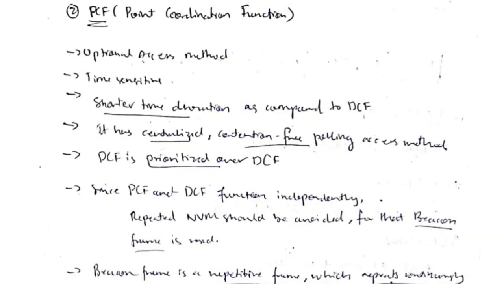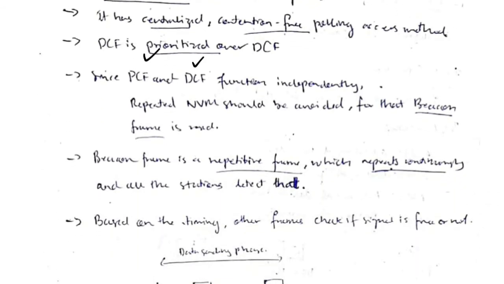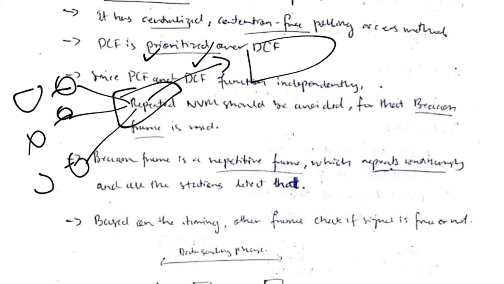Now PCF, which is point coordination function. It's an optional access method, it's time sensitive, it's shorter than DCF, and it's also prioritized over DCF. The main thing is they both function independently. There are many devices here, and all will send their signals, and they will send NAV at the time they are busy. Since many of the NAVs overlap, there will be a long waiting time for the other devices.